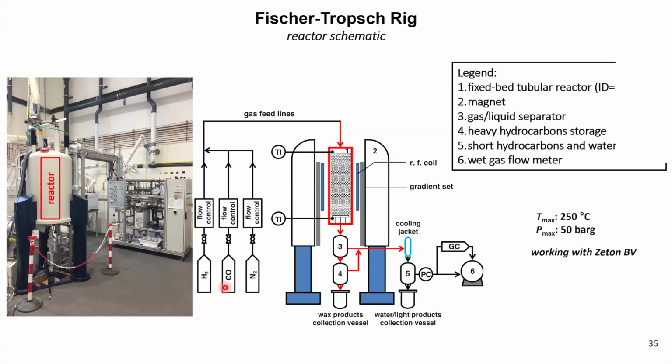We've got suitable flow control going in, and then we heat the reactor. We have heated separated vessels for wax components, then a cooler one for the liquid components, and then a GC on the end. The reactor itself has steel end caps, cleverly designed to have a seal with ceramic, even at varying temperatures.